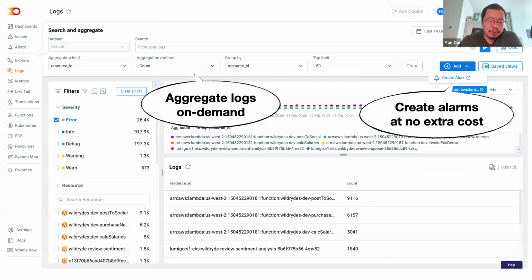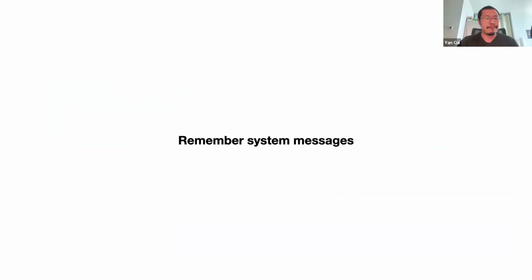But what they don't do is charge you extra for turning those log events into metrics and then creating alarms against that. Normally with CloudWatch, you do have, say, the embedded metric format with CloudWatch Logs that you can use to turn things into metrics, but then you have to pay extra for the metrics and any alarms you create against them. So Lumigo's price kind of includes everything in one package. That's why often you can be a lot cheaper compared to actually using CloudWatch directly.